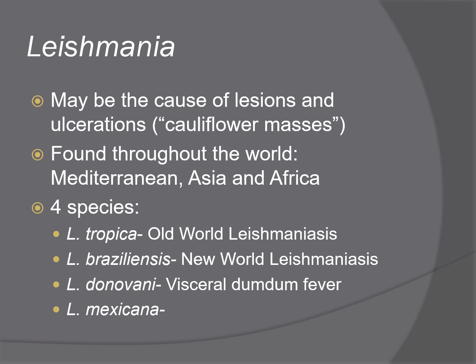Leishmania is found throughout the world in the Mediterranean, Asia, and Africa, and there are 4 species of leishmania, including Leishmania tropica, which causes Old World leishmaniasis, Leishmania brasiliensis, which causes New World leishmaniasis, and Leishmania donovani, which causes visceral dum-dum fever, also known as Kala-Azar, but this is mostly fatal if it's untreated. And then finally we've got Leishmania mexicana, which causes a cutaneous leishmaniasis.